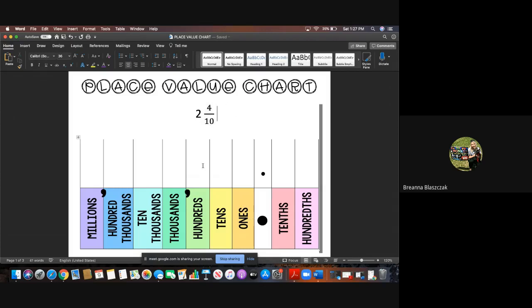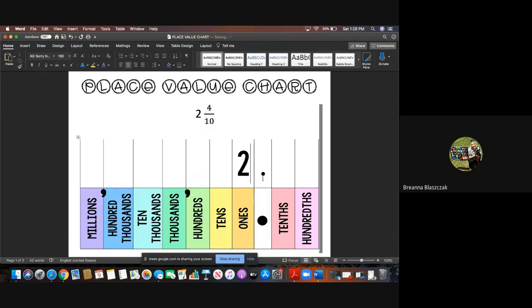Now this will change where we put our numbers because now we have a whole number. So this 2 is worth 2 ones, right? 2 ones blocks. So 2 is going to go in this spot now, when before we'd have a 0 because a fraction by itself without the whole number is less than 1 whole.